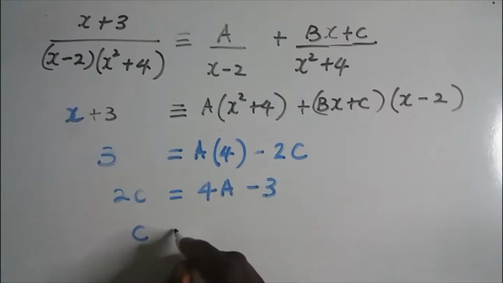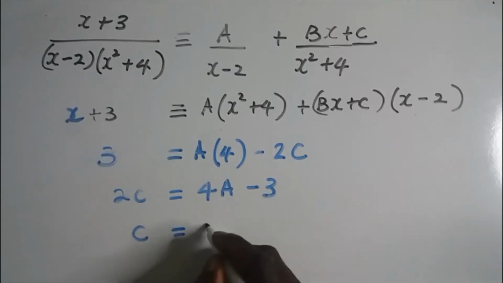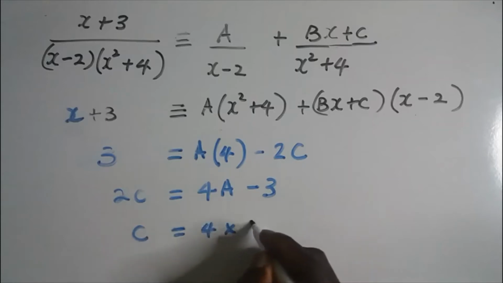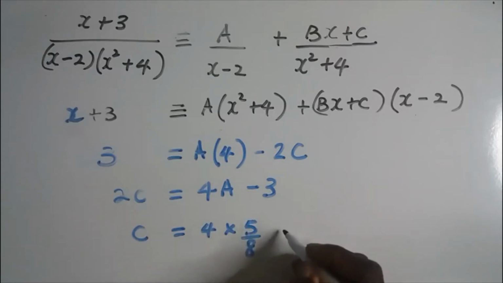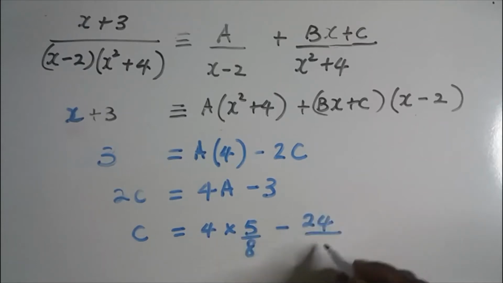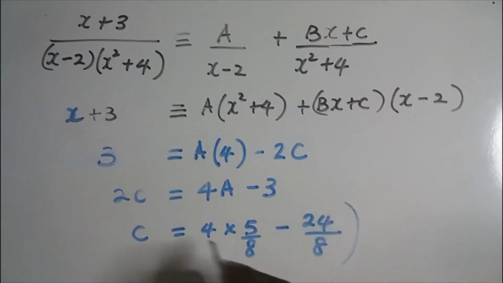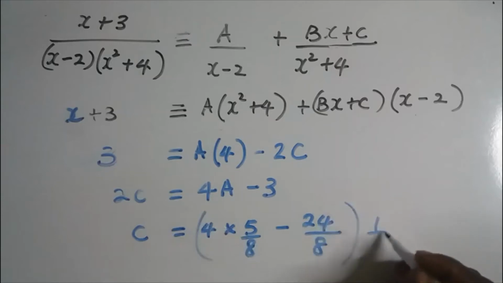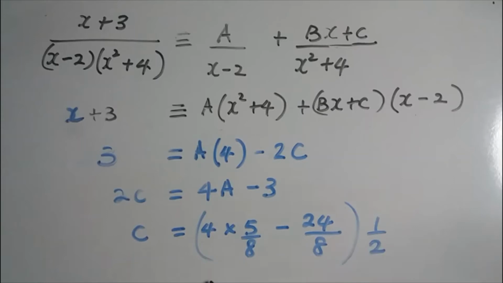So C is equal to 4 times 5 over 8 minus 24 over 8, and we'll multiply all of this by 1 over 2, which is the same as dividing by 2. So this is equal to 20 over 8 minus 24 over 8.